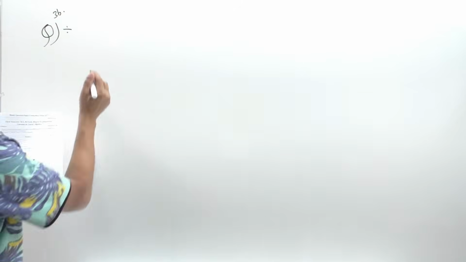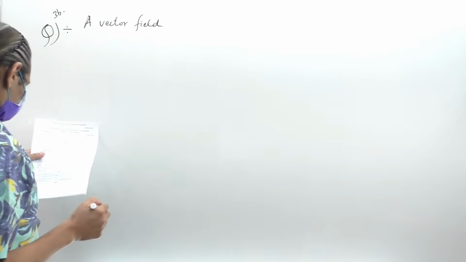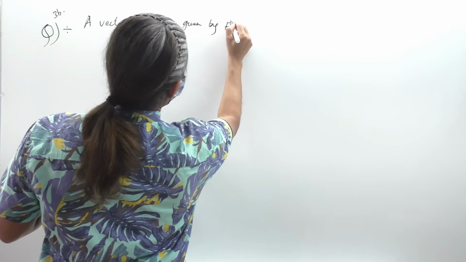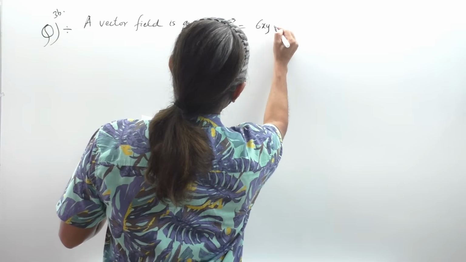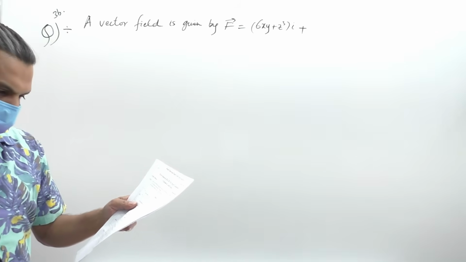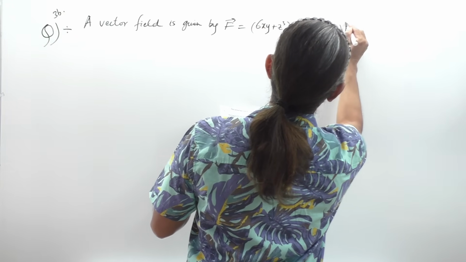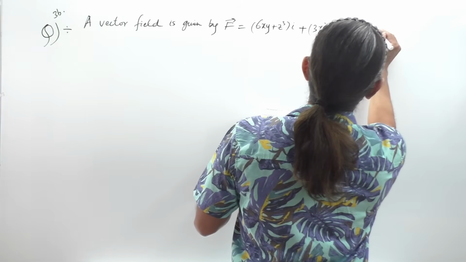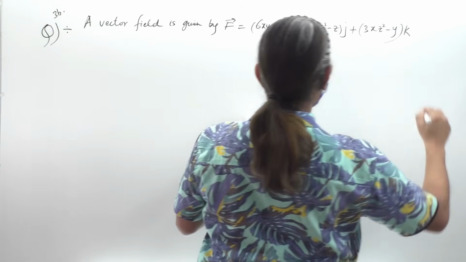It says a vector field is given by F vector equals 6xy plus z cube into i plus 3x square minus z into j plus 3xz square minus y into k.